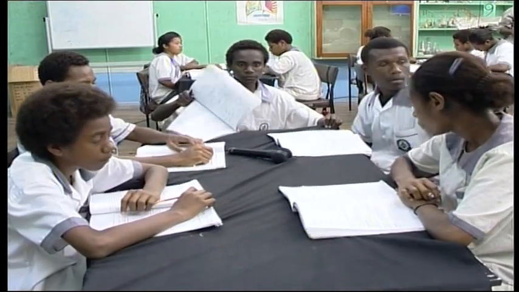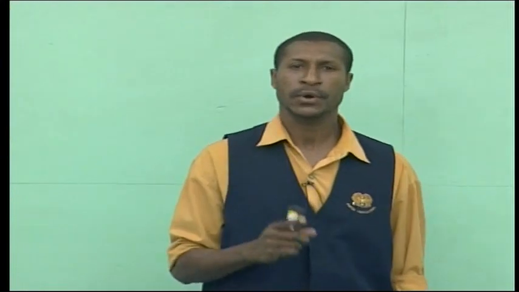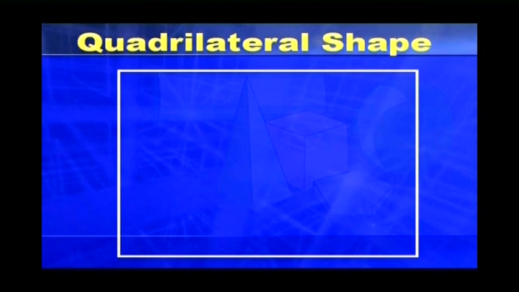Now, let us look at one of the quadrilaterals. I have a quadrilateral which is shown on the screen, receiving students and 70s.